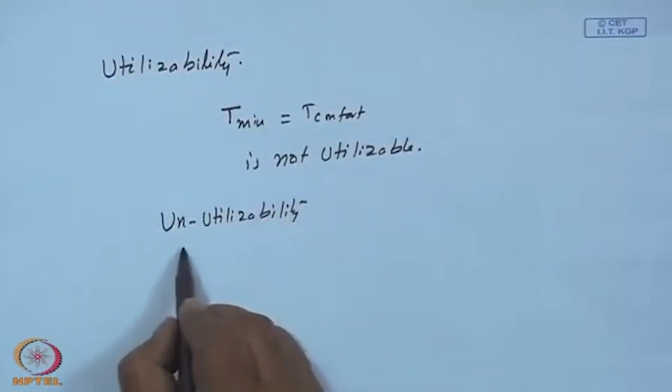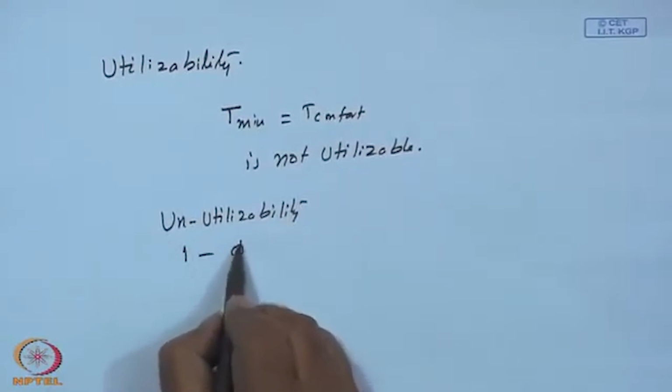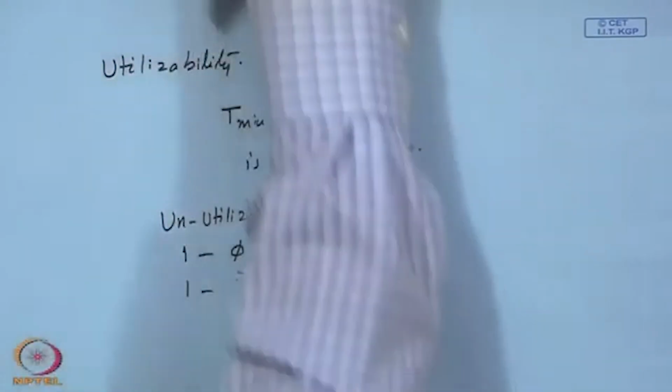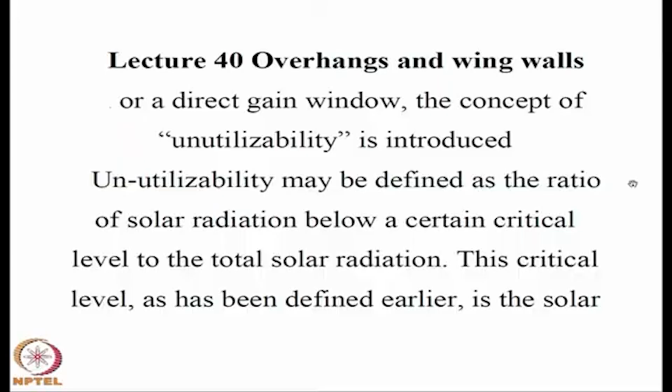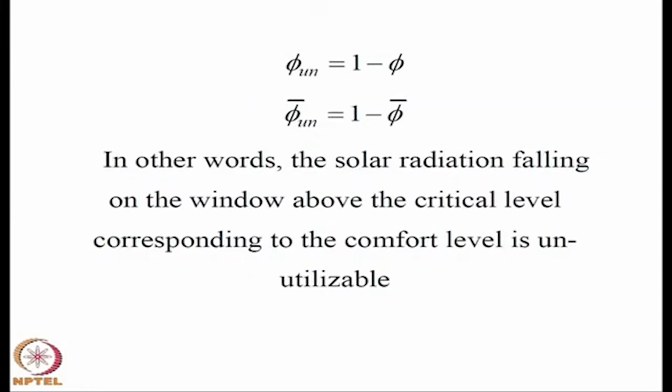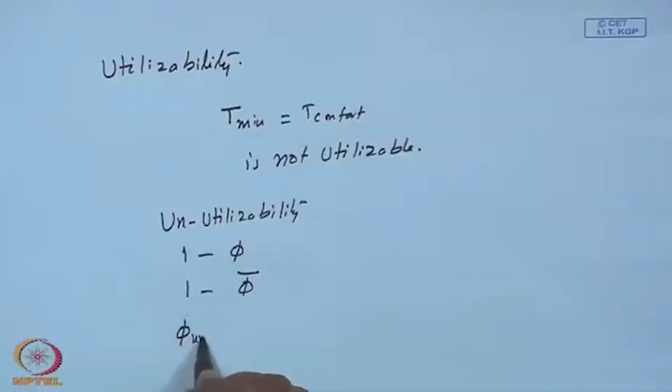So, on different time scales it will be simply 1 minus phi or 1 minus phi bar. If you have calculated utilizability, unutilizability will be simply 1 minus that utilizability. So, that is what I have put down here: unutilizability equals 1 minus phi, or 1 minus phi bar. Okay.